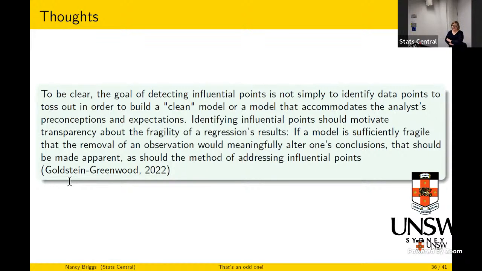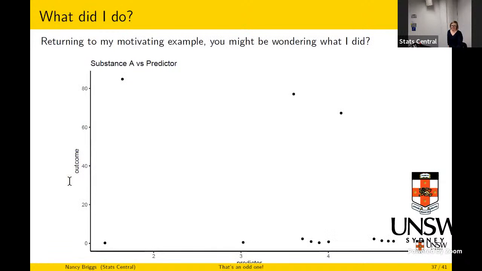If a model is sufficiently fragile that removal of an observation would meaningfully alter your conclusions, it should be made apparent, as should the method of addressing those influential data points." So this is really an encouragement for you to, yes, explore your data, maybe generate new questions, but be really open about it.